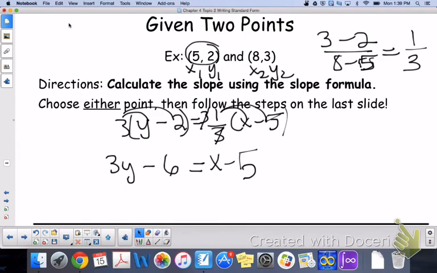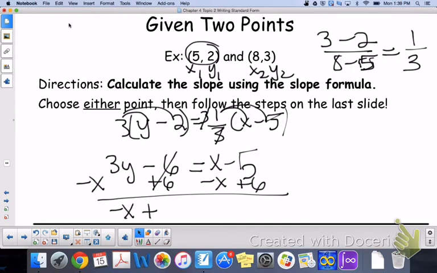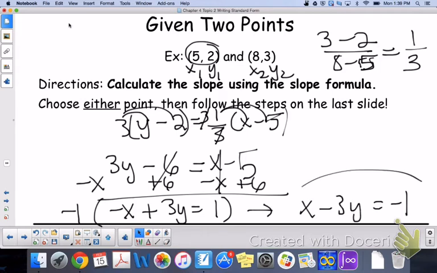From there, we use opposite operations. I'm going to move the x over, and I'm going to add the 6 and move that over. So that gives me negative x plus 3y equals negative 5 plus 6 is 1. x has to be positive, so I multiply everything by -1, and I get x minus 3y equals -1. That is standard form using 2 points.